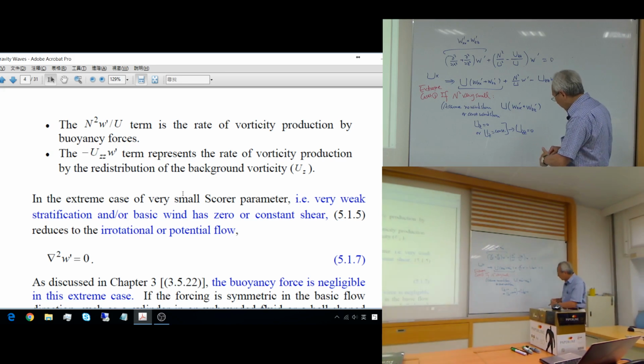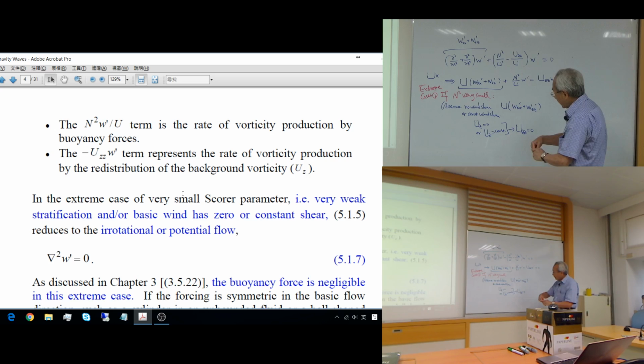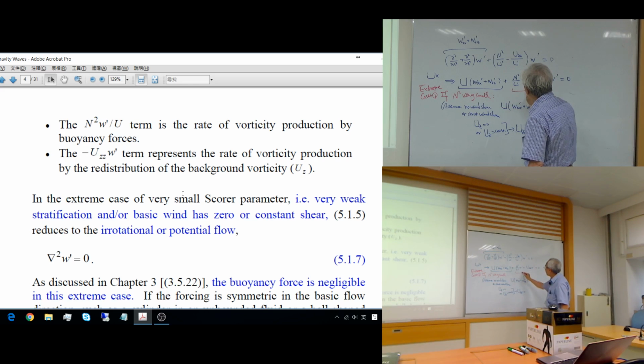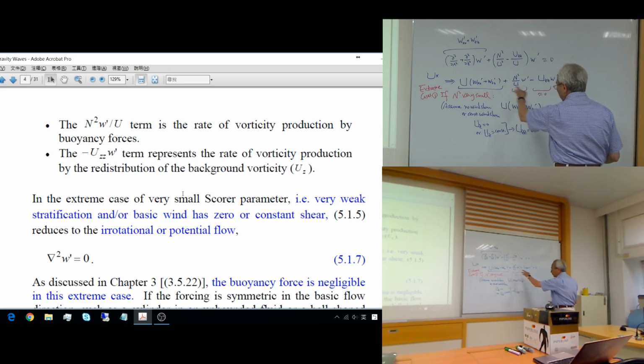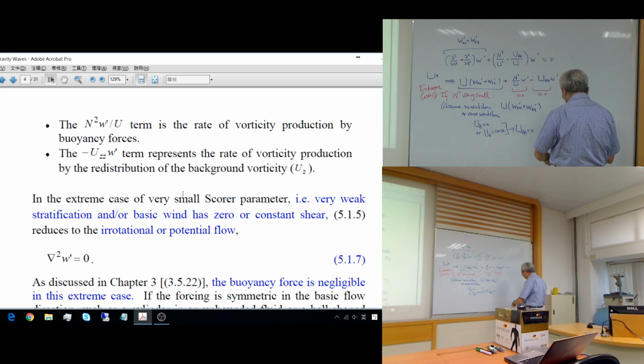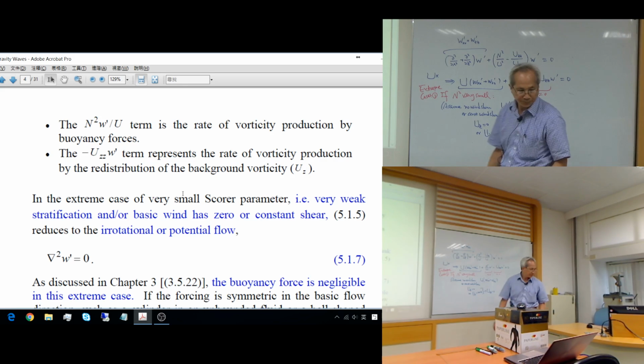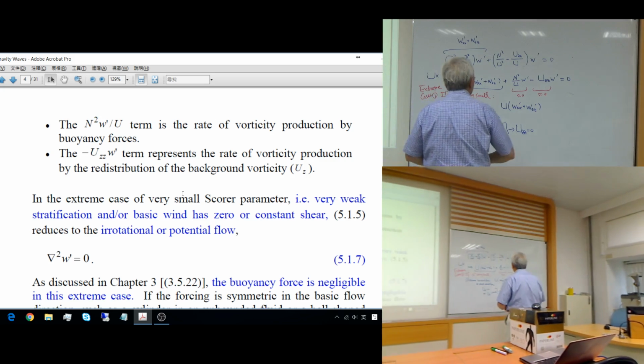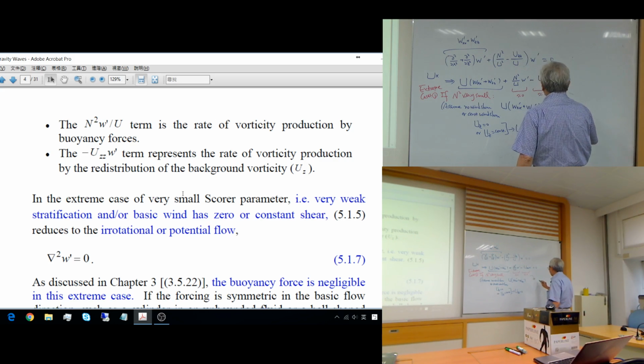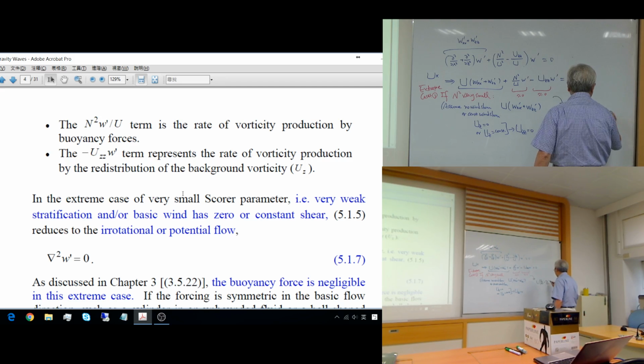So in this extreme case, this term is almost 0. This term is almost 0. So the equation reduces to U times the second x-derivative of w prime plus U times the second g-derivative of w prime equals 0.